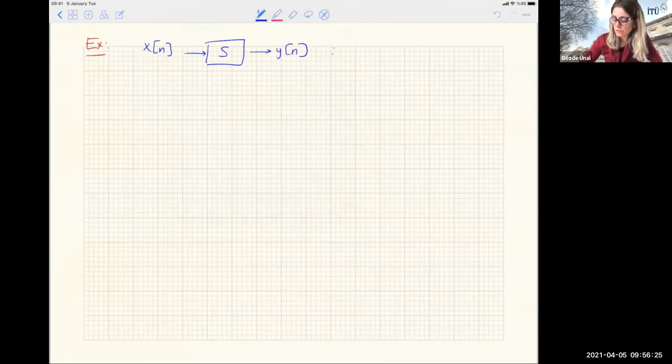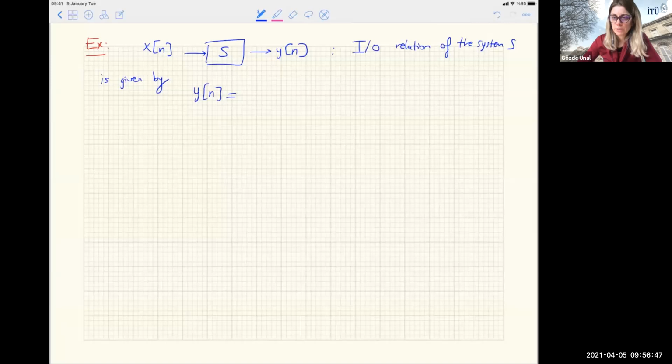So its IO relation, input-output relation, let's say, of the system S is given by, let's say, y of n. This is the most direct form of expressing the input-output relationship, or how the input is mapped to the output.